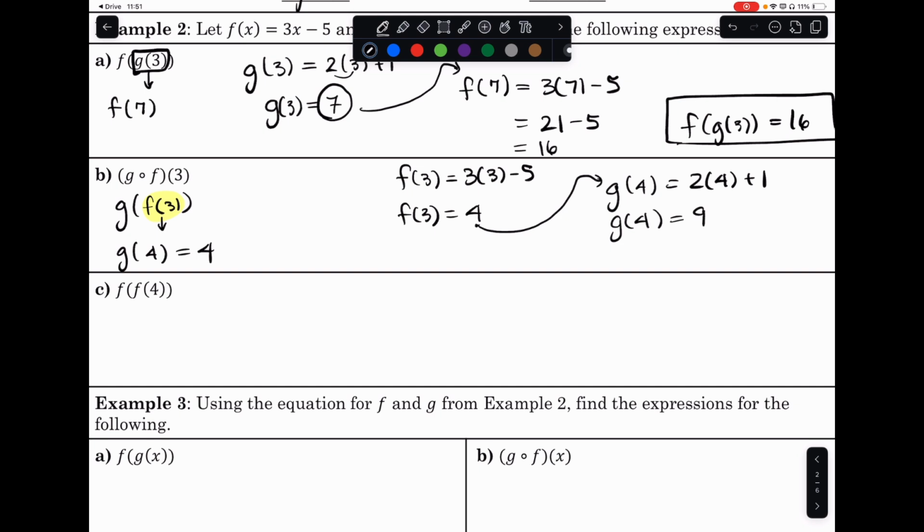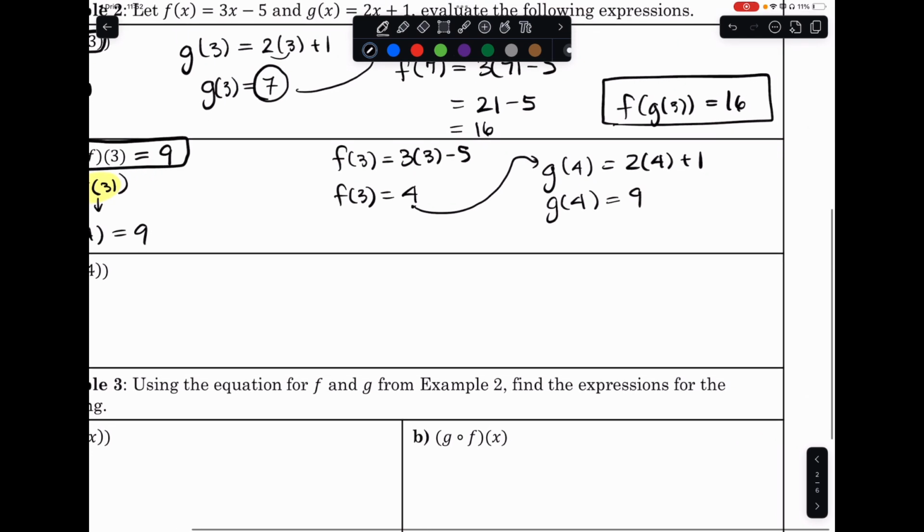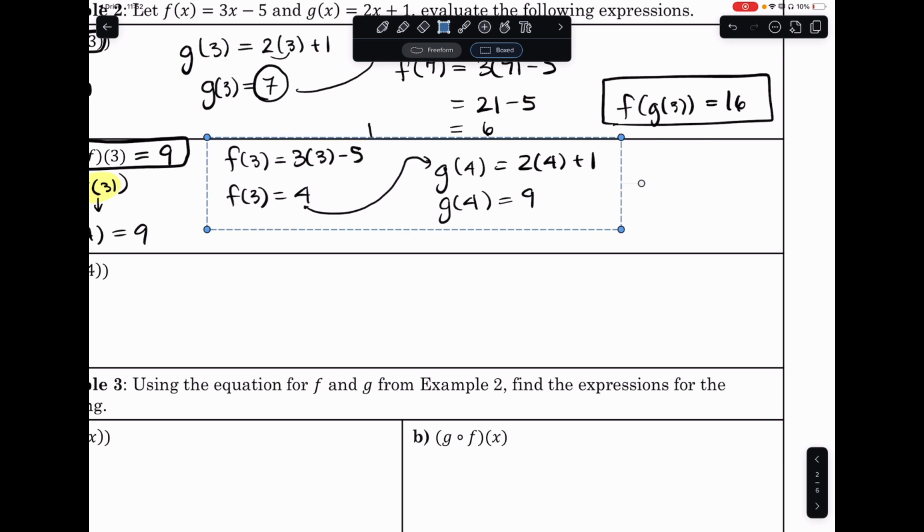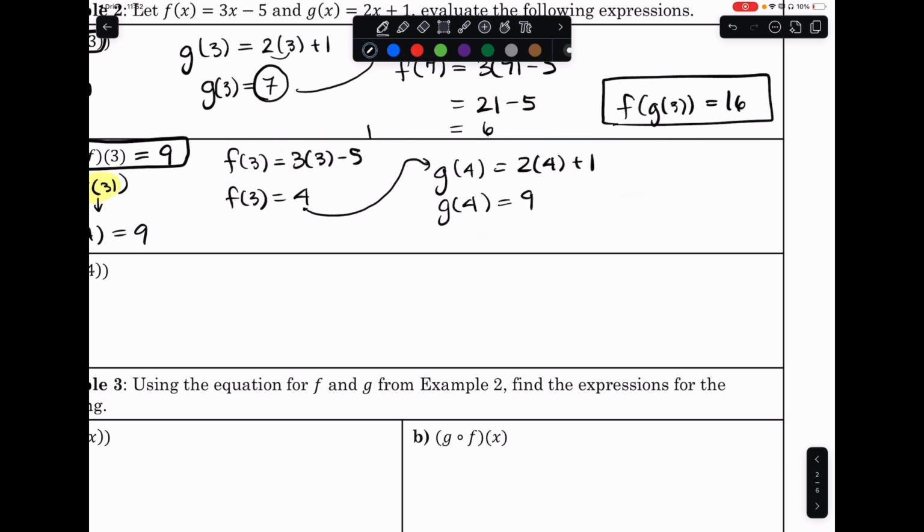So that means this equals 9. So our solution is this, and let me write it over here. g of f of 3 equals a total of 9.